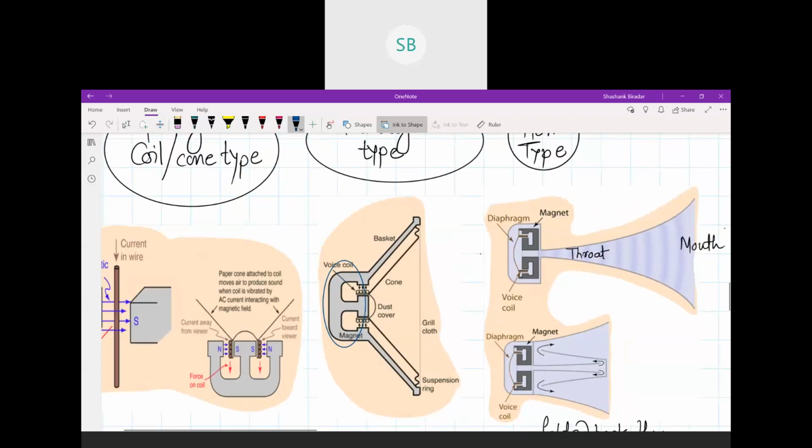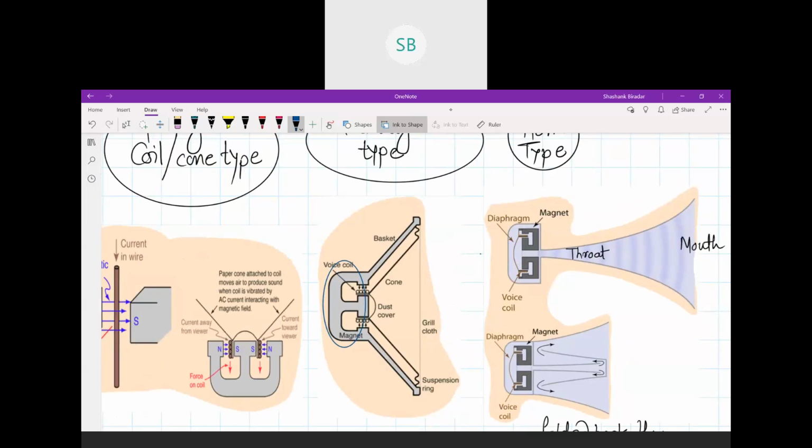We have to create a different supply for the electromagnet, so that whenever there is the presence of sound, it will act as the force which moves the coil to create the sound effect at the output.